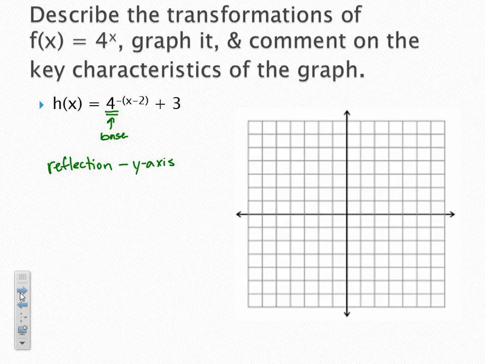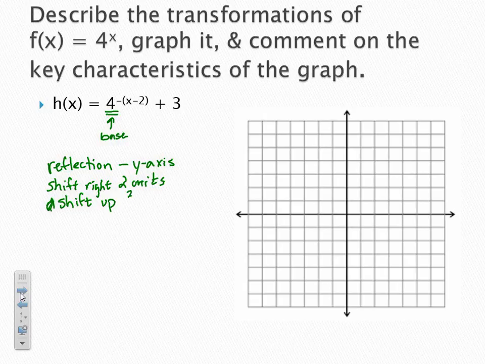And then we can see that we have 2 shifts occurring in this problem, all right? We have a shift right of 2 units. And we have a shift up of 3 units. And so both of those items we want to make note of, okay?